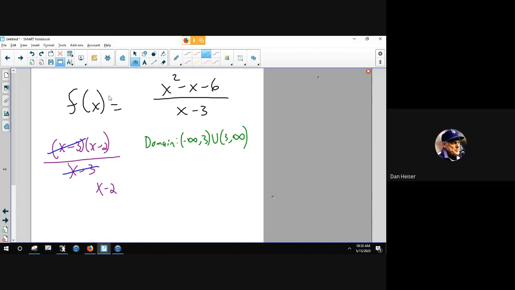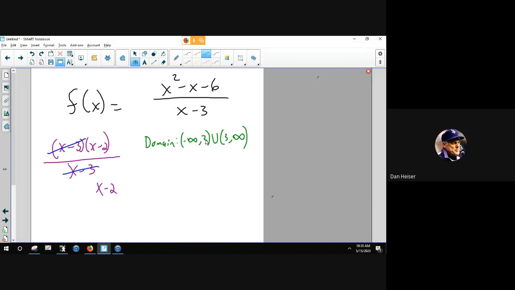The domain of the original function is negative infinity to 3 union 3 infinity. That's the domain. If I plug 3 into the original function, it fails.